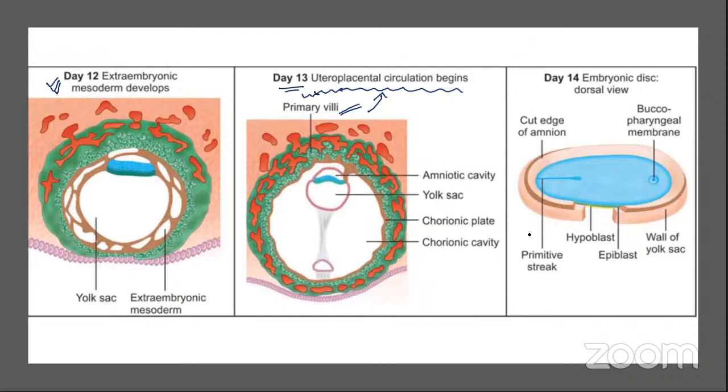So the formation of the precaudal plate and the connecting stalk happens on day 14. I hope you're understanding. If there is anything you want me to repeat, please do let me know.